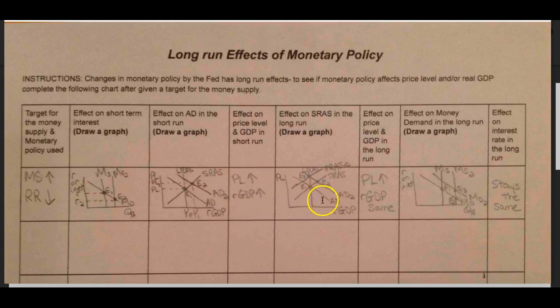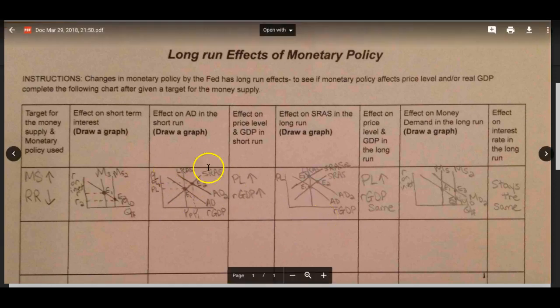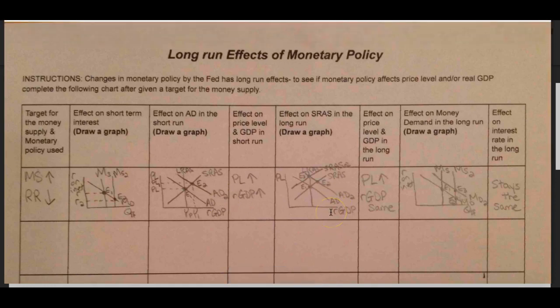Now, in the long run, remember our autocorrect? In the long run, to fix, what problem do we have here? We have an inflationary gap. So in the long run, what will happen is that our nominal wages will eventually increase, which is going to cause our short run aggregate supply curve to shift to the left, thus putting us back at long run equilibrium.